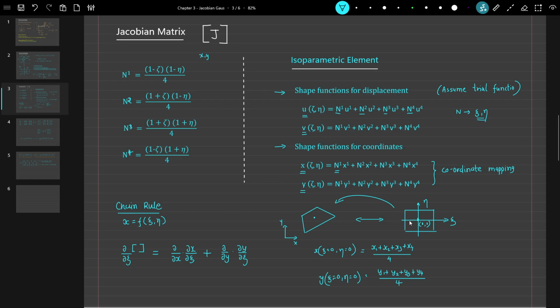So the corresponding center point in xy space is an average of the x and y coordinates of the nodal points. So basically what I'm trying to say here is that this relation is a coordinate mapping, a mapping of xy into zeta eta. So the relation between xy and zeta eta space is what we need further.